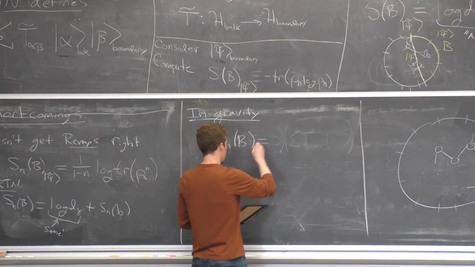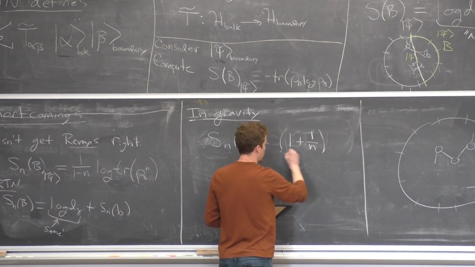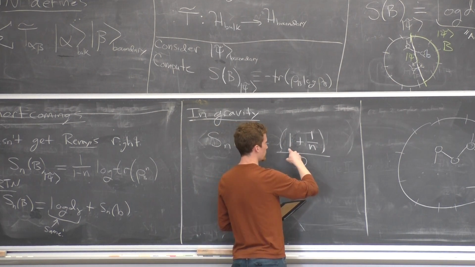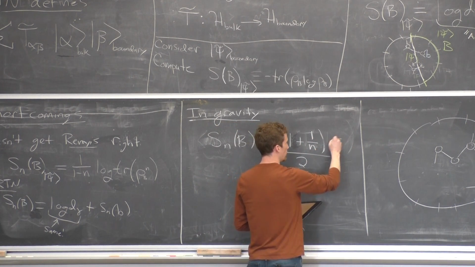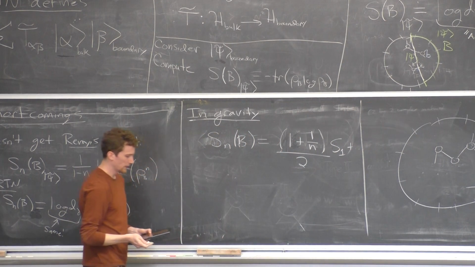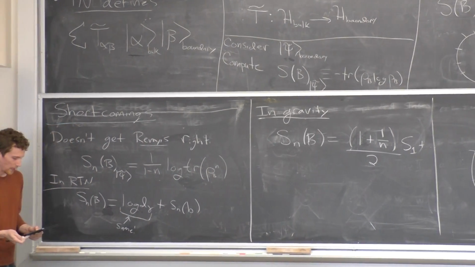You wouldn't get this. You would get something that depends on little n. It's like 1 plus 1 over n over 2 times S1 at leading order, something like this. So it very much depends on little n. It's not a constant.